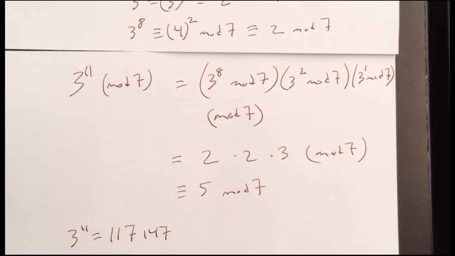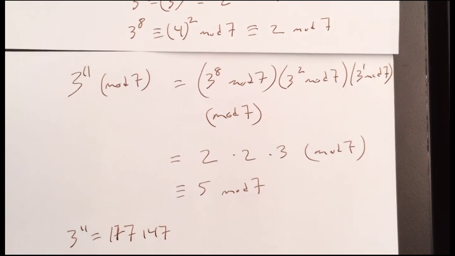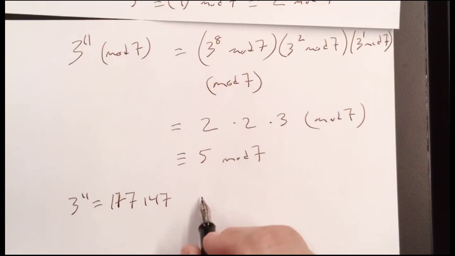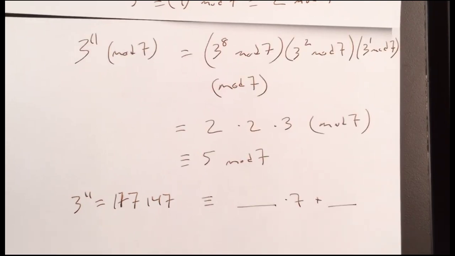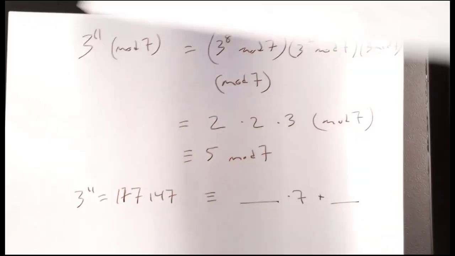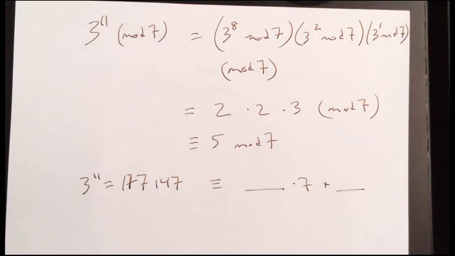It's like 177,147? Yes. Okay. Divide by 7 and give me the remainder. What's the quotient? You can give me that too, right? You're dividing by 7. How many 7s with what left over?